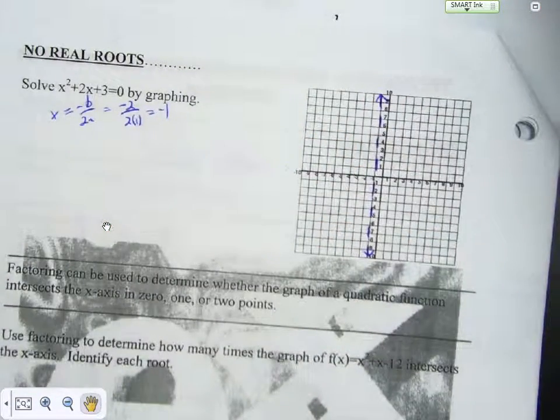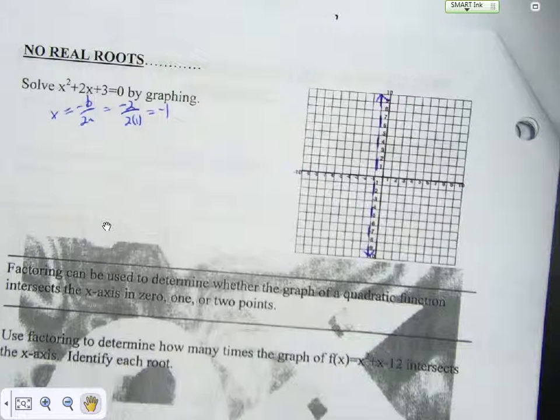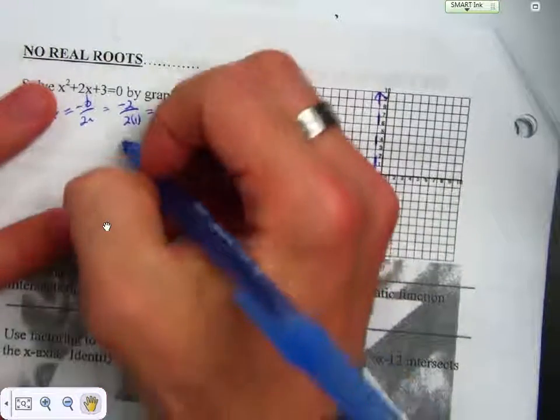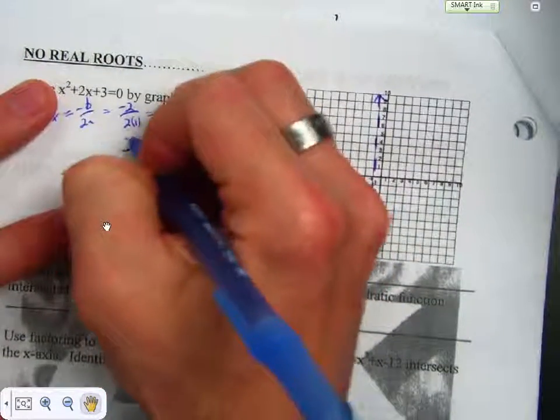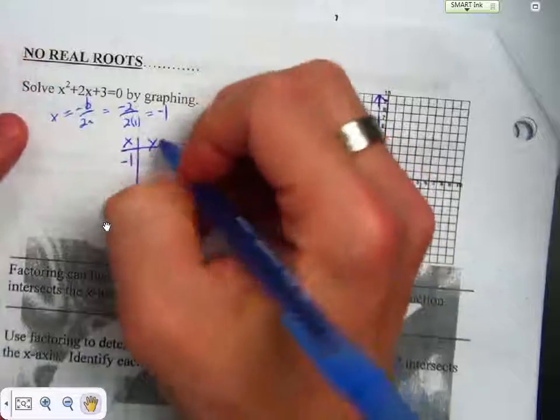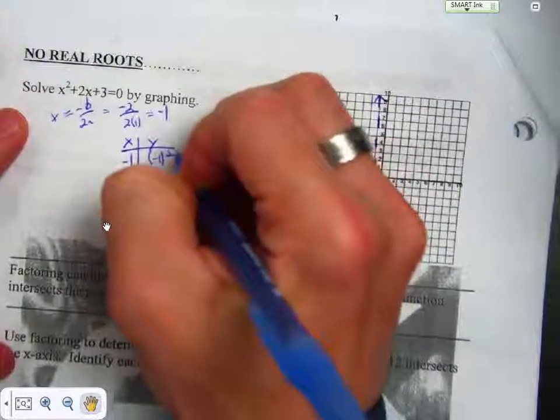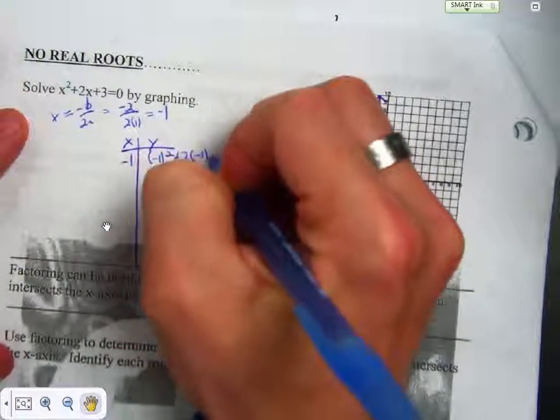So we have our line, our axis of symmetry at -1. That means that we're going to use that point to find out where the vertex is, where it begins. So x here, y here, -1 is what we're going to plug in. So -1 squared plus 2 times -1 plus 3.